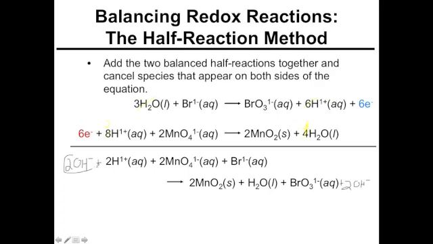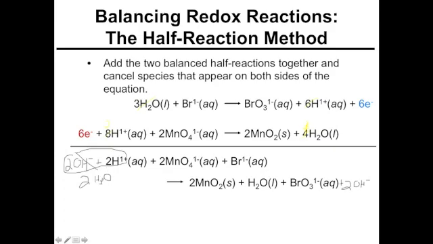Now these hydroxide plus H pluses, of course, combine together to give me two water molecules, H2Os. So to get rid of those H plus ions, I add two hydroxides. I also have to add those two hydroxides to the product side over here. Then I add these two together to give me two waters.